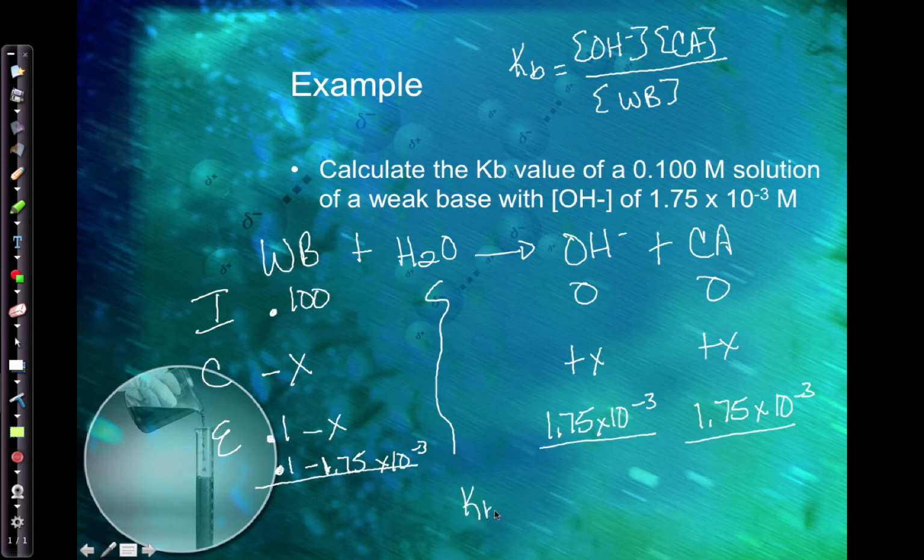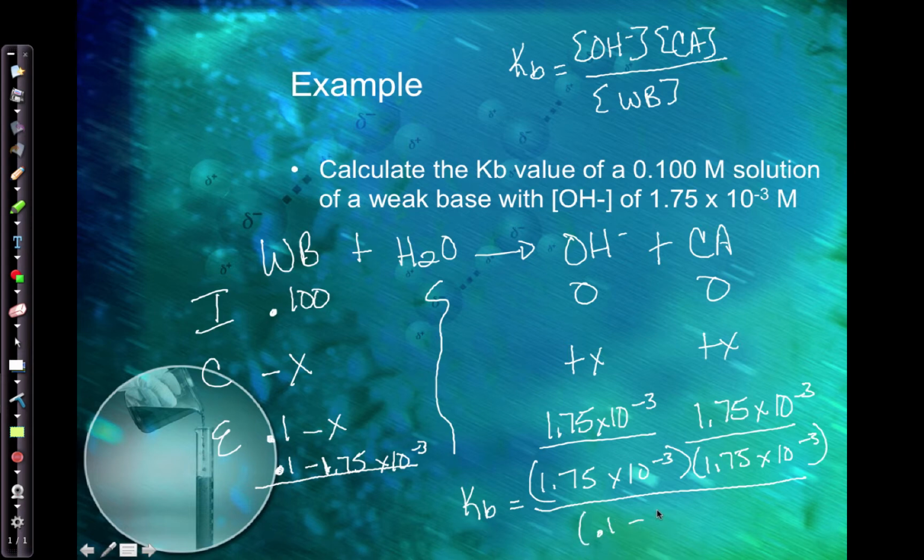All right, so Kb is equal to this times this, divided by 0.1 minus this. All right, so when I go through and I solve for Kb, I will get 3.11 times 10 to the negative fifth.